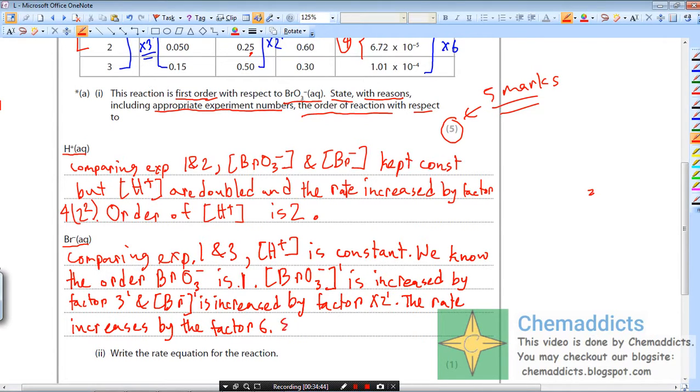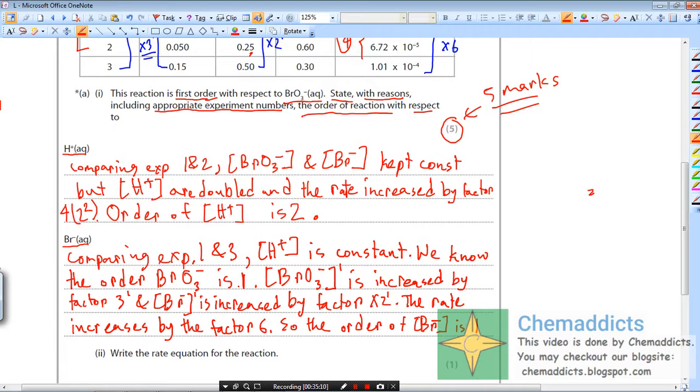So the order of bromide, not bromate, is 1. So that's it. Let us now once again repeat this thing.